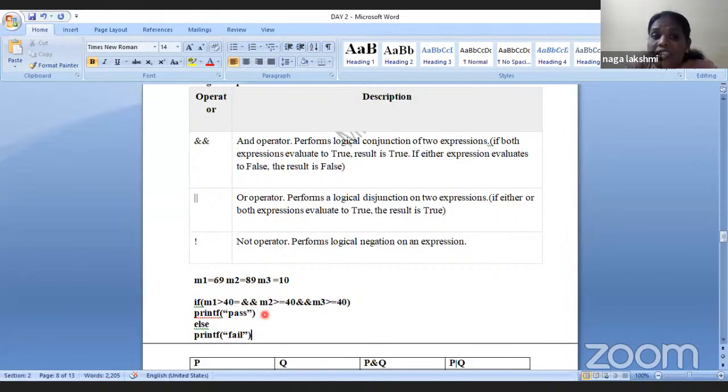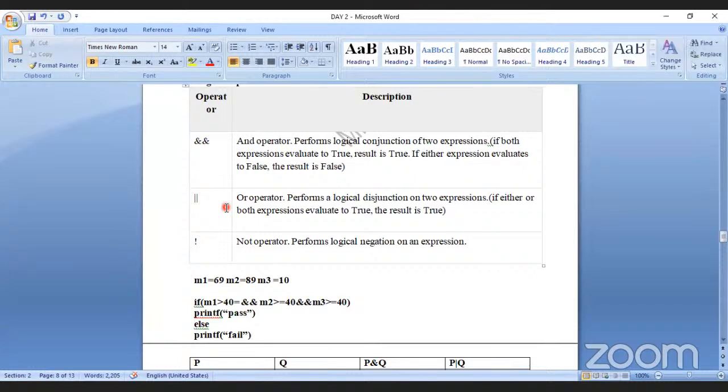In such a condition, they replace the and by the or operator. Not compulsory that all of them should be present, any one of them is required. In such cases, I am going to use the logical or operator. Clear? Yes, ma'am.